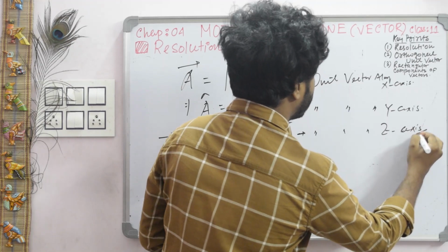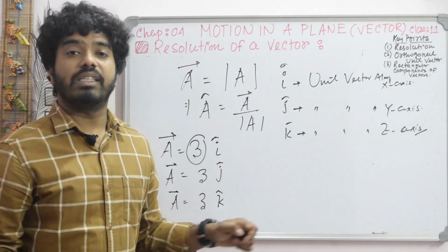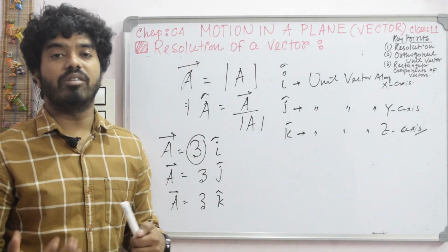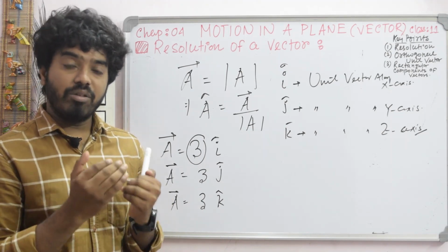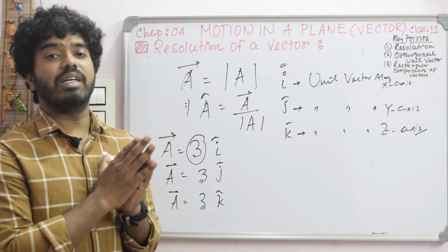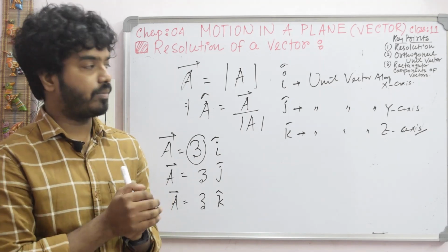These i, j, k caps are named the orthogonal triad of unit vectors, or you can say base vectors. And you know a unit vector always has magnitude 1.